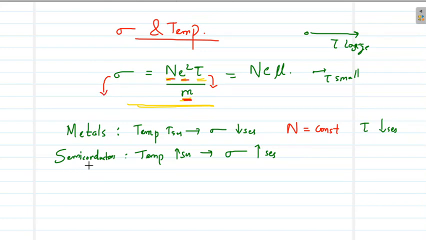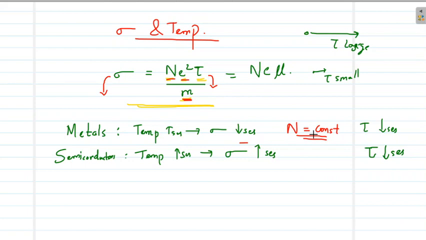Similarly for semiconductors, what will happen? As temperature increases, surely tau will decrease because electrons are undergoing fast motion when temperature increases. So collisions will be higher and hence the average time between collisions will be less. But in the case of semiconductors, this charge density n is not constant because for a semiconductor, not all electrons are free at normal temperature.